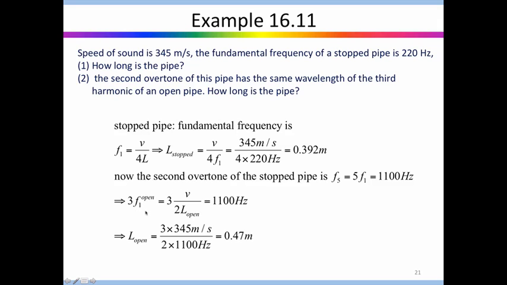So this is the frequency of the open pipe, and it is equal to 1100 hertz because the fundamental frequency is 220. It is related to the speed of the sound wave and the length of the open pipe. In this way, we work out the length of the open pipe to be 0.47 meters.